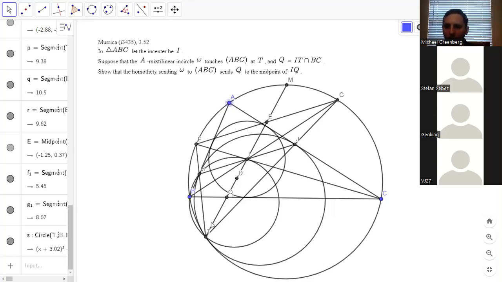TH over HF. So you have TH over HF. That's sine TAC times sine ABT over sine B over 2 squared.